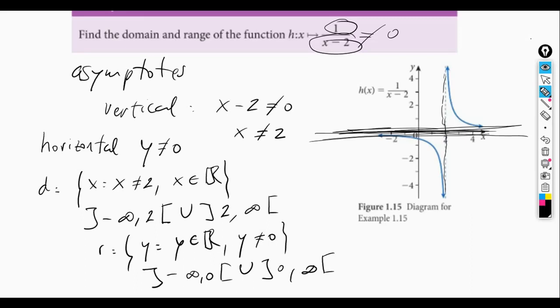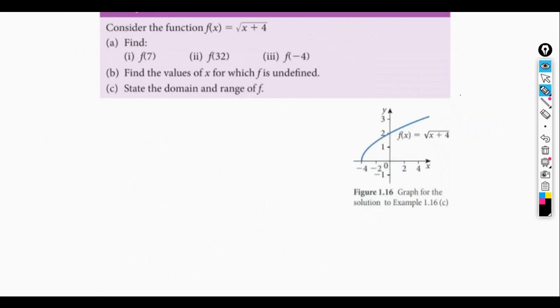One thing I forgot is to say that we have to write x belongs to this interval and y belongs to this other interval.